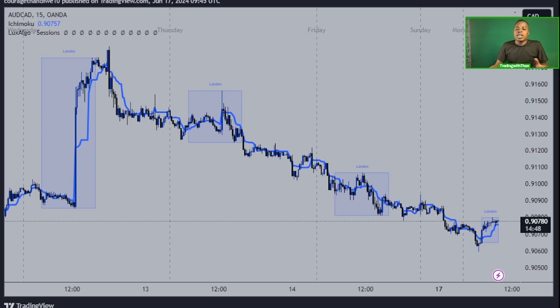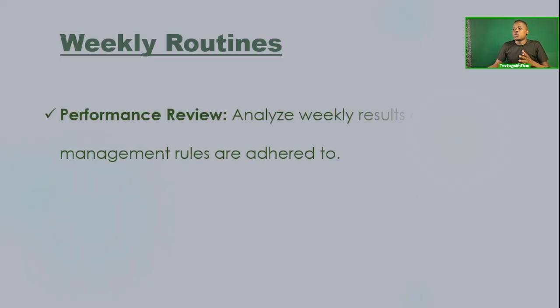Now once we get that, the next thing that we do on a weekly basis is to track my performance, right? Tracking performance is very, very important. So every week I'm going to look in my journal and see what has been happening in my account history, what mistakes I've been making, and whether I've been doing exactly what this plan says I need to be doing.